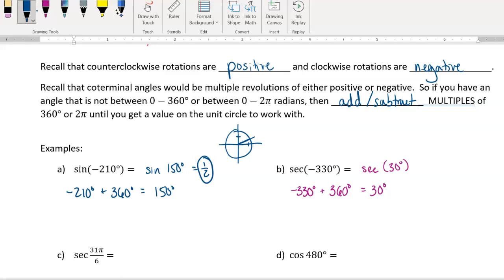So the horizontal distance is the long one, which is square root of 3 over 2. The problem is that's the cosine. We want the secant, so the secant is the reciprocal of that. So it's going to be 2 over the square root of 3. Then when we rationalize the denominator, we get 2 square root of 3 over 3 as our answer.